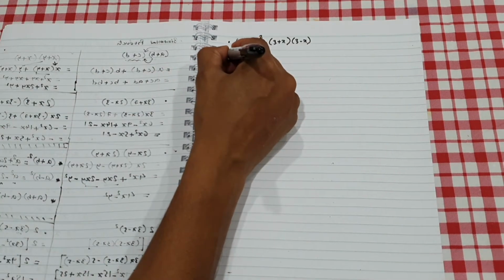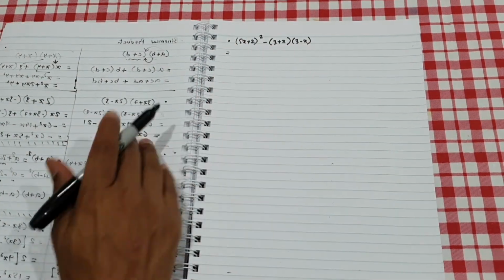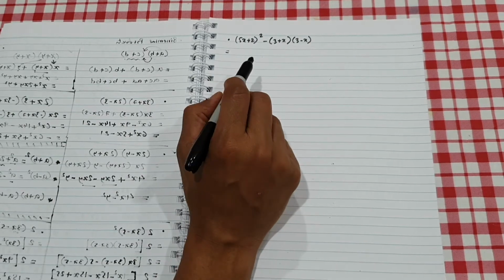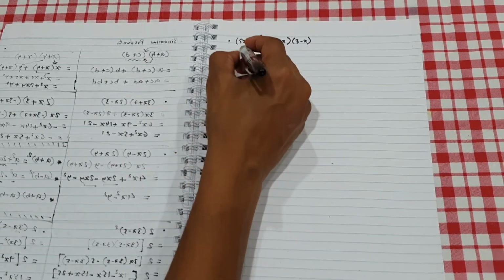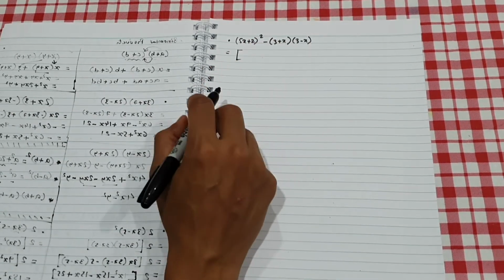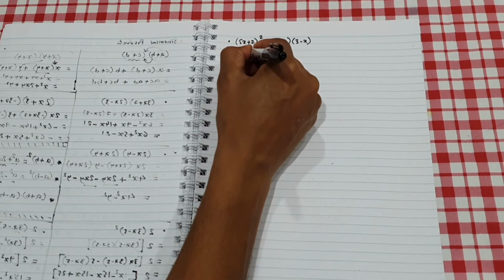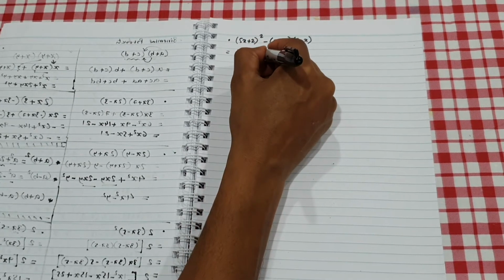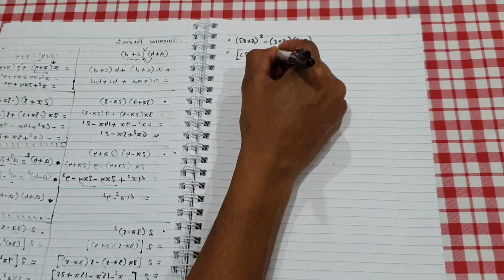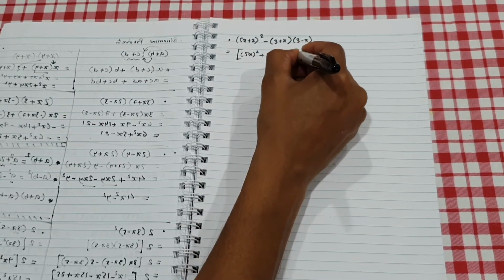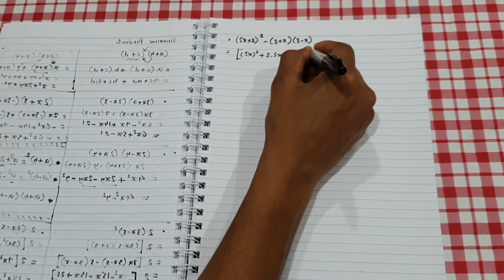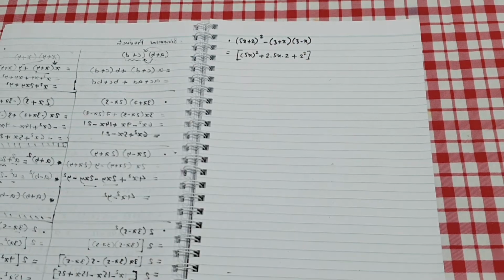Okay, so we will use the formulas. So this is a plus b whole squared. Okay, so we will use the special formula. Remember what is the formula? A squared, so a is 5x, squared, plus 2 times a times b plus b squared. Right?